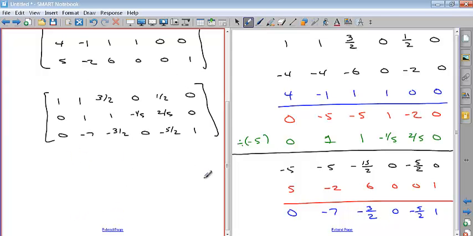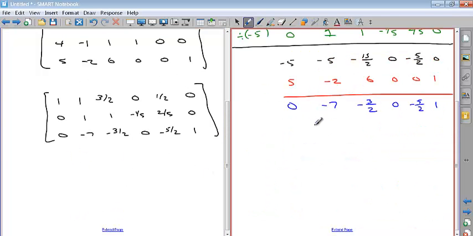Okay, now what I'm going to do is take the second row and multiply that by -7. So I'll get 0, -7, -7, 7/5, -14/5, 0.